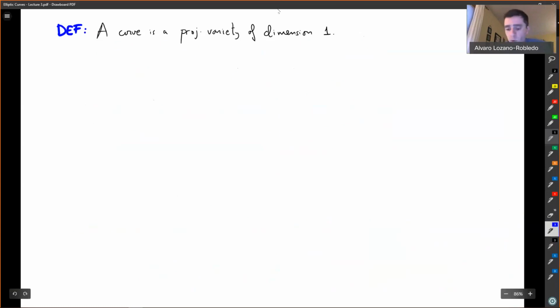Now, we also want to know when curves are smooth, right? But I'm not going to define smoothness for an arbitrary variety. I'm just going to do it for a particular case. So let C be a curve. I might as well use the terminology I just defined.